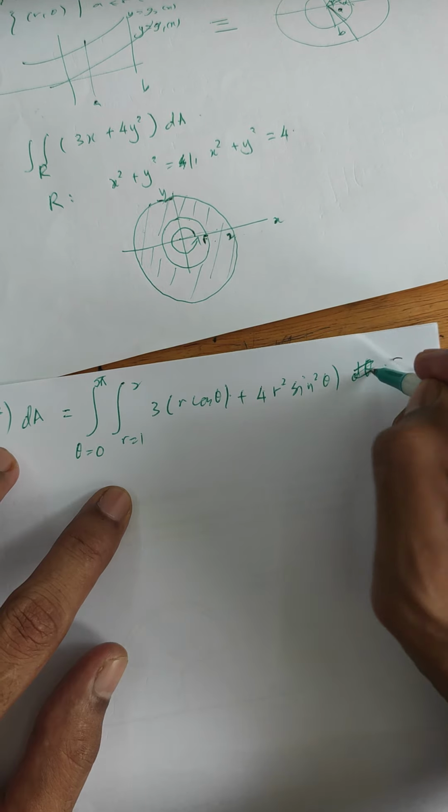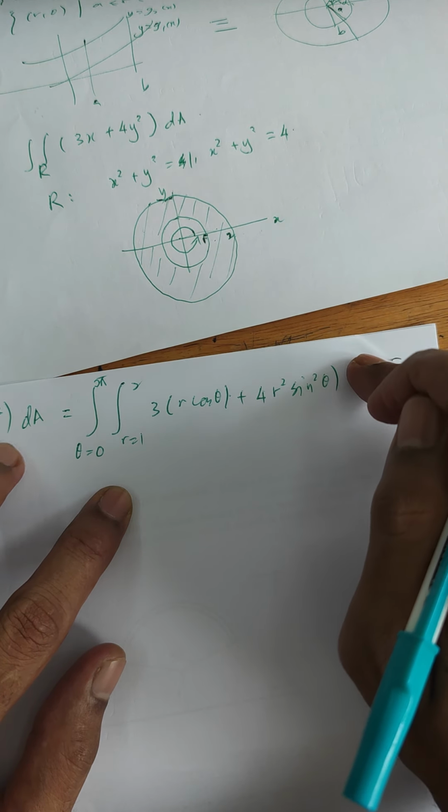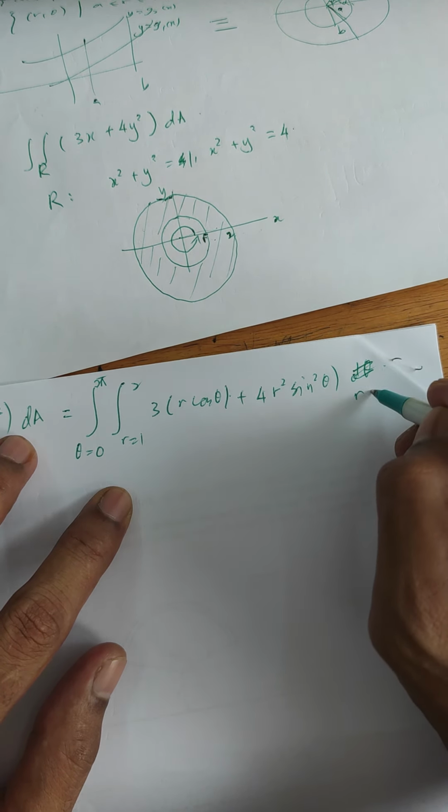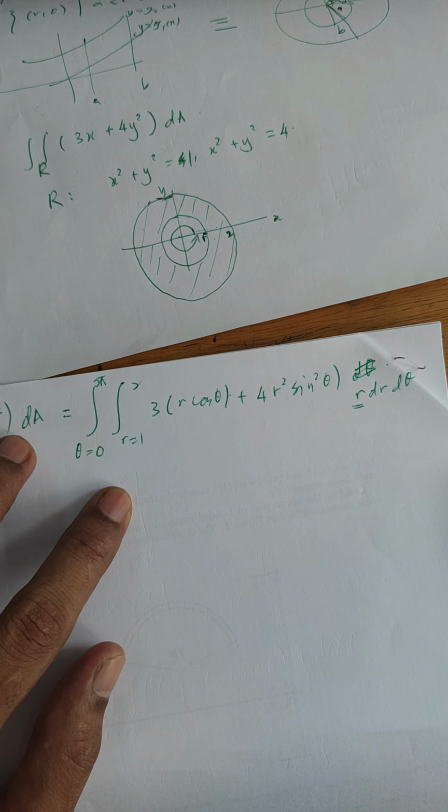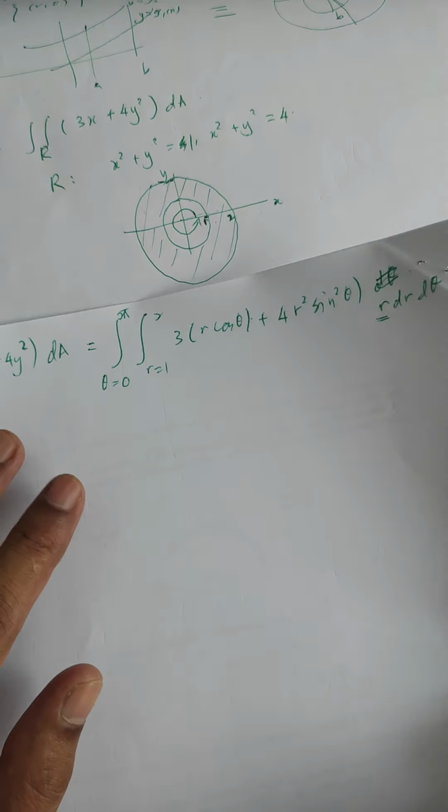Sorry, remember that for dx dy we have r dr d theta. The Jacobian, do not forget that.